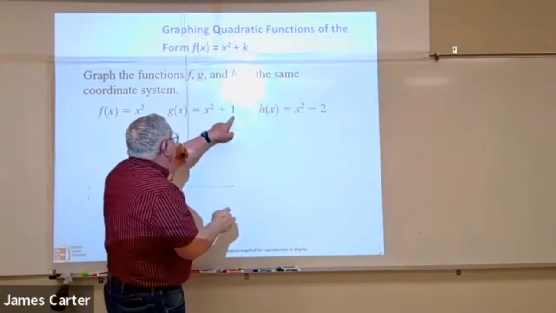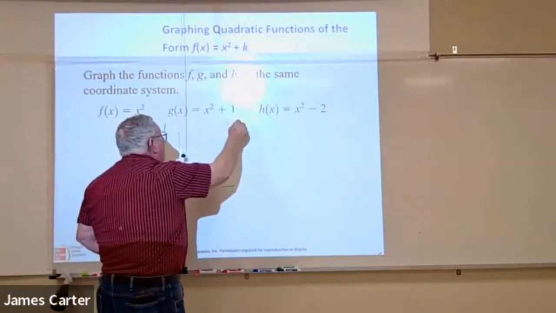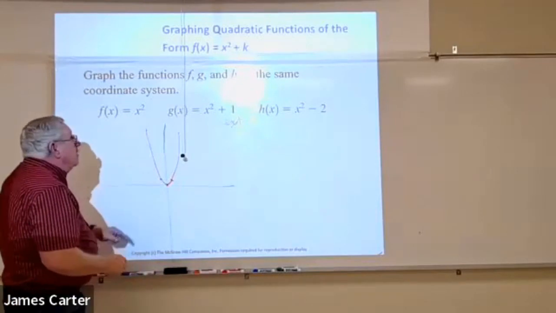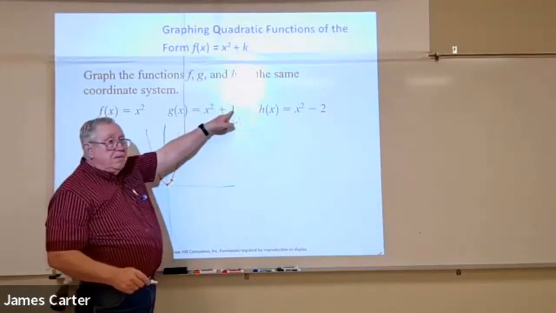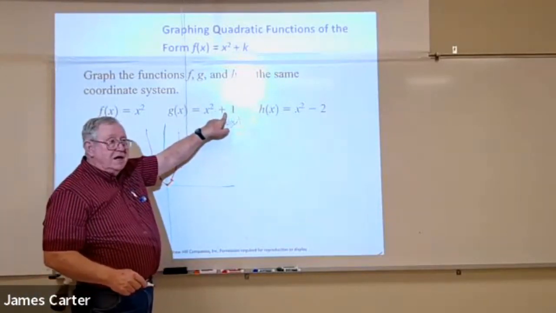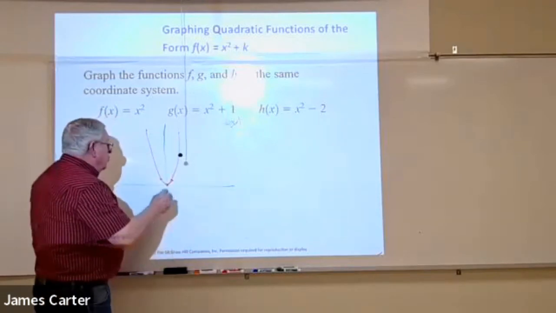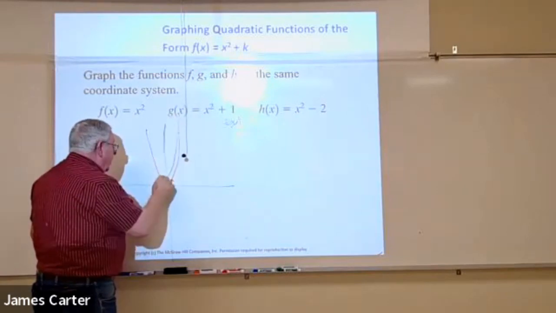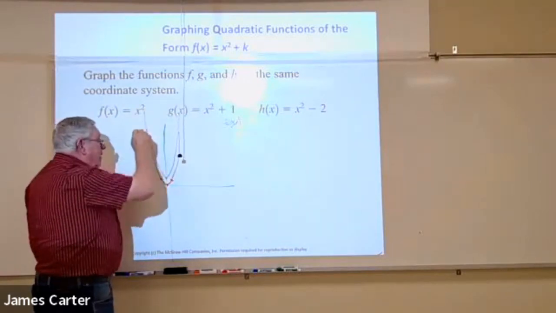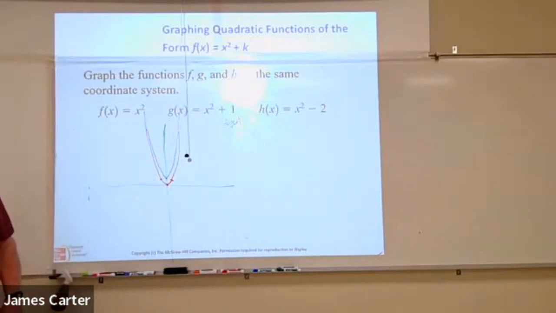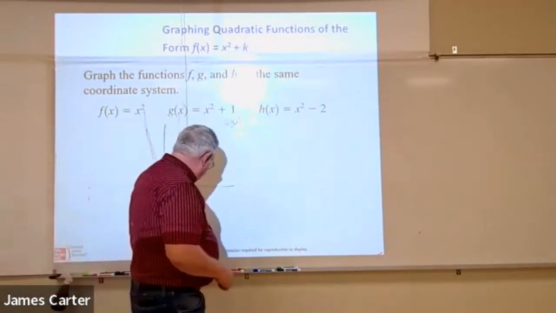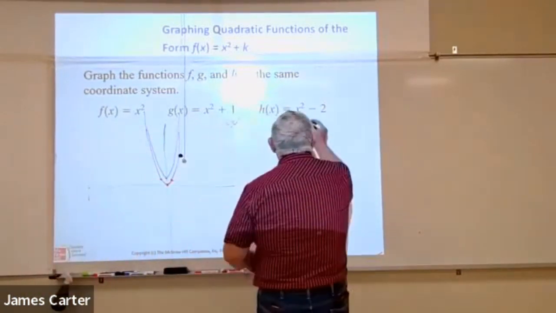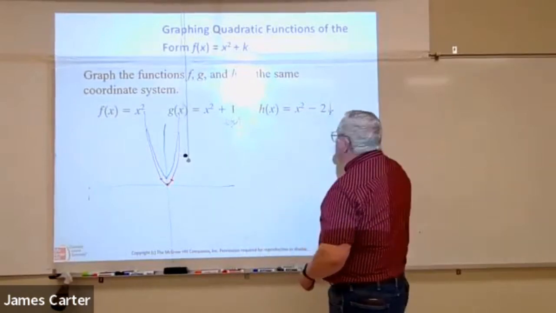If you have an external, then what that does is it shifts it up or down one place according to the sign. So this graph goes up like that. Okay. This graph is going to go down 2.